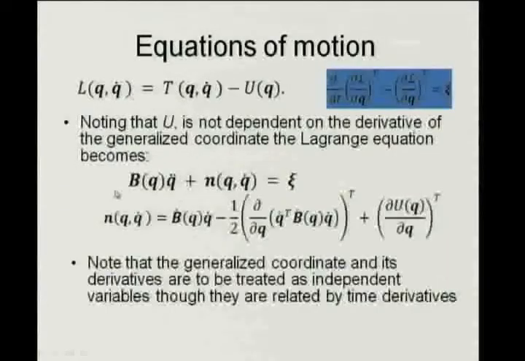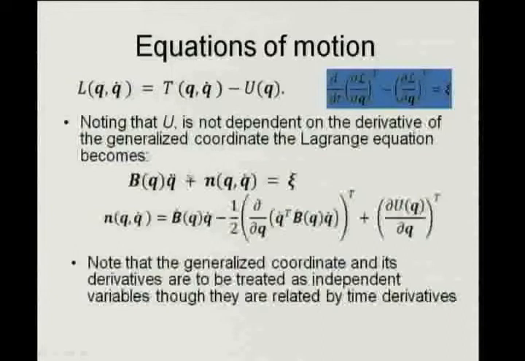Just as background, I have put the equation in blue out there, and we need to keep this in mind. Now this term is the kinetic energy minus the potential energy. Potential energy is a function only of q, so when we take the derivative with respect to q dot, it will have no components.